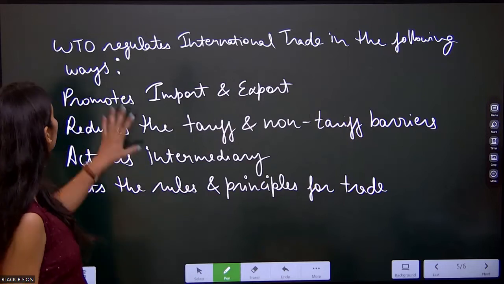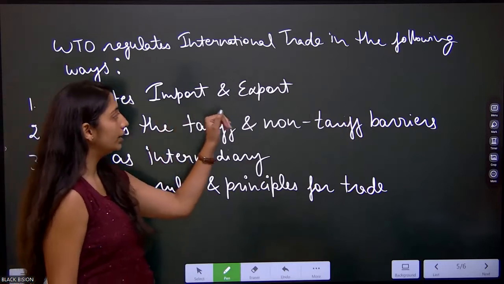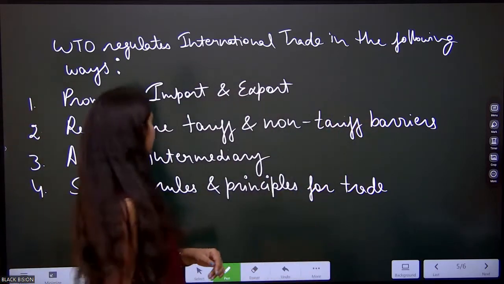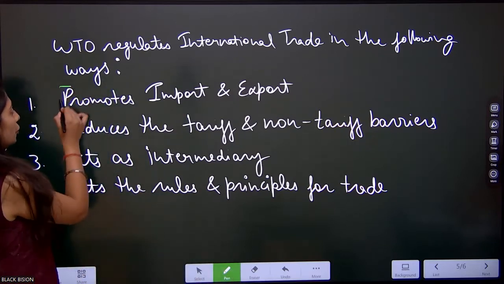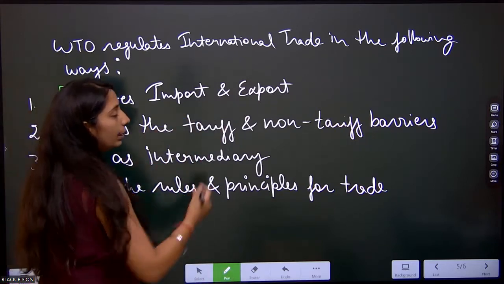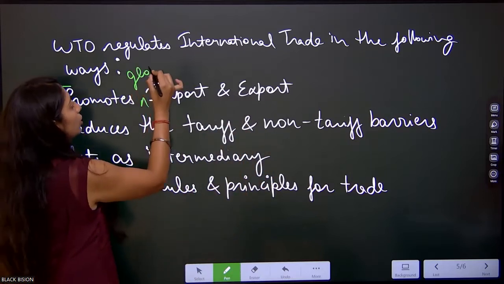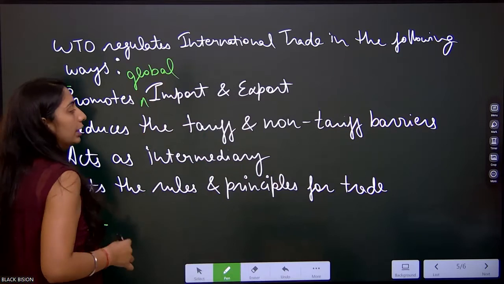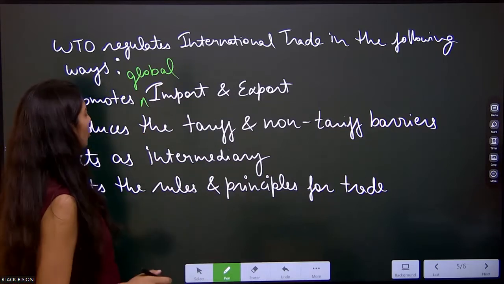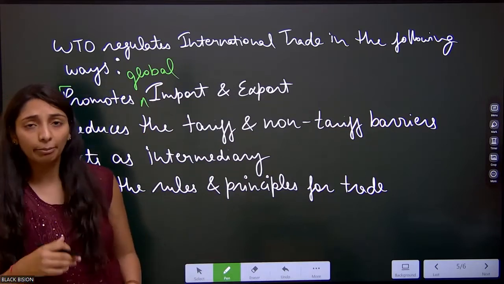So, here's the answer. WTO regulates international trade in the following ways. First, we all know it promotes global import and export by reducing barriers.